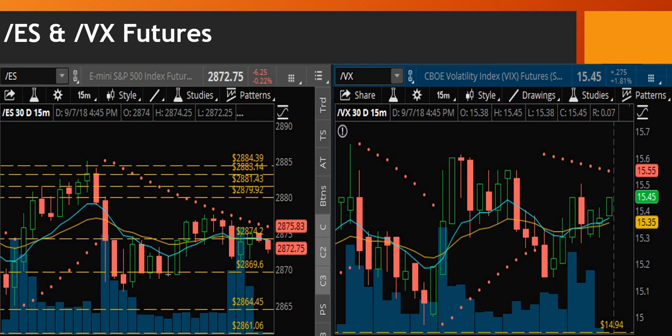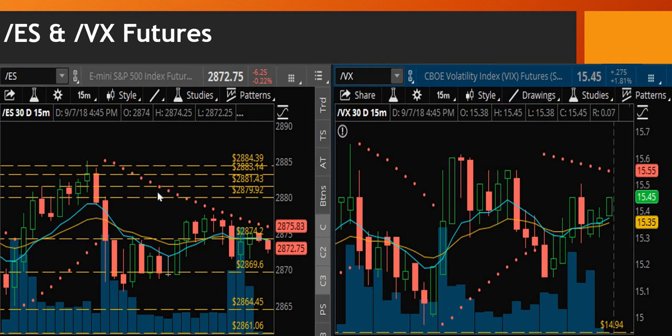And if it opens in the green, it doesn't mean that the stocks are just going to completely run to the upside. You have to expect the unexpected. And that's why you need plans for both a bearish and bullish trade.